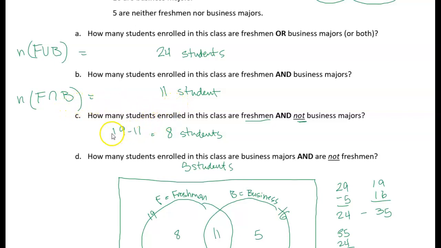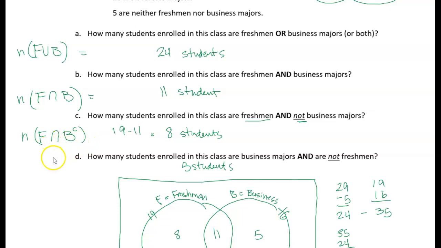And then the next one, how many students in this class are freshmen and not business majors? So how could we write that? They're freshmen, so they're part of the freshman set, and not business majors. So "and" is an intersection, and not business majors would be B complement. Okay, so what we found in this question was the number of students in the intersection of F and B complement. All right, so they're freshmen and not business majors.